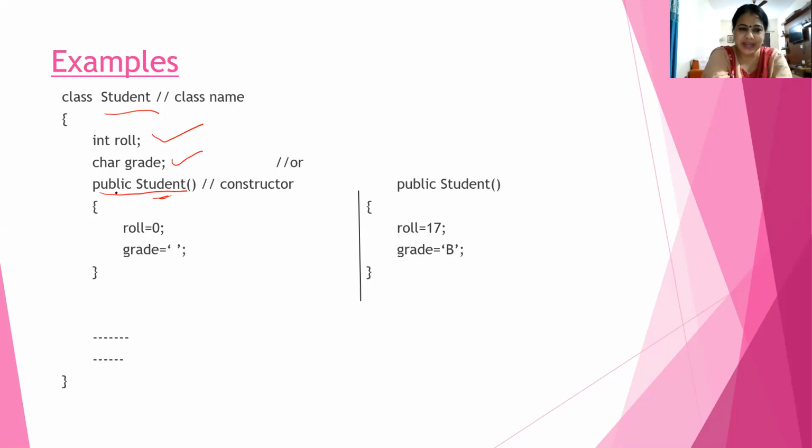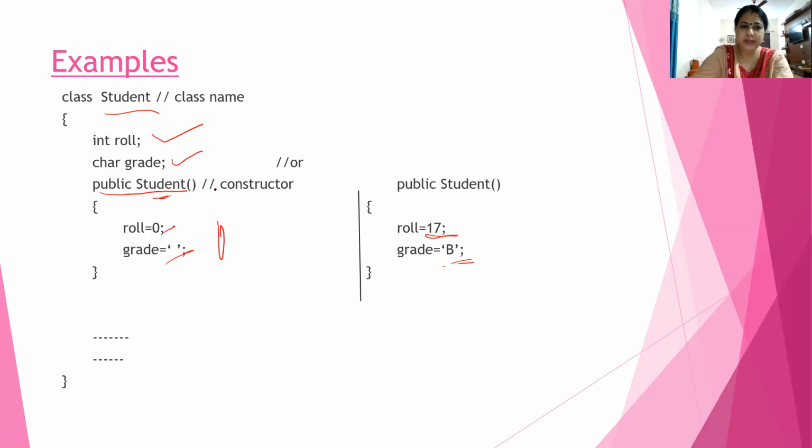Inside it we initialize the instance variables: roll number is equal to 0, and grade is a character, so we have given single quotes. In this way you can initialize, or another way, I can directly give a value to the roll number, 17, and the grade B. So my constructor will look like this. The name of the class with the parentheses is known as a constructor.